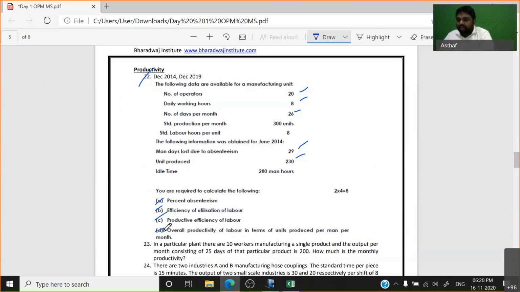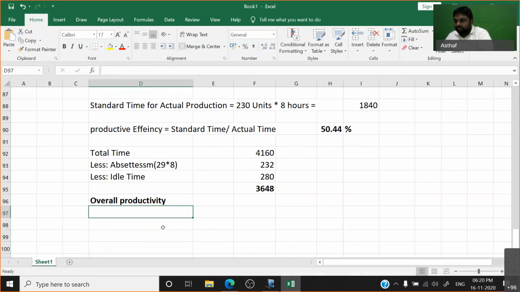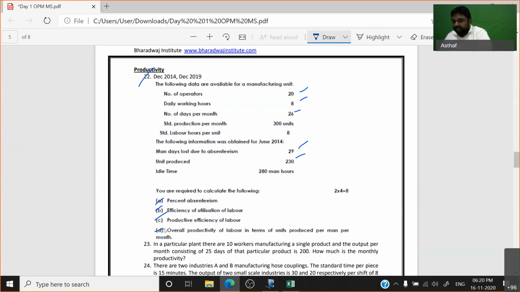Overall productivity in terms of manpower. What is the overall productivity? First is standard.